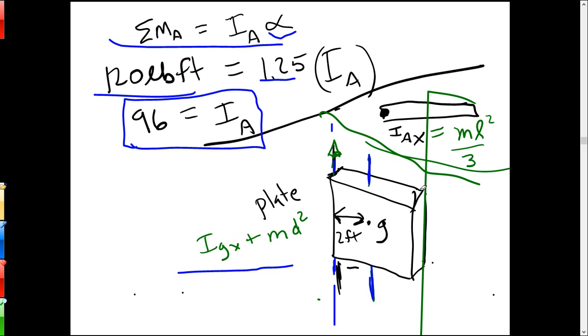So there's a special equation for a slender rod that you can do that with. So you can go either way. You know what IA is. See if you can back into the math. So you can go IGX for a plate plus MD squared, or you can go IAX is ML squared over 3. See what you can do for the mass on this. So we're going to find the required mass next.